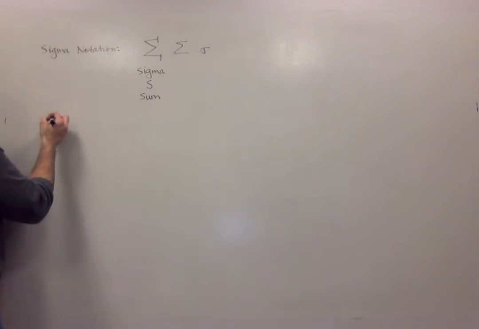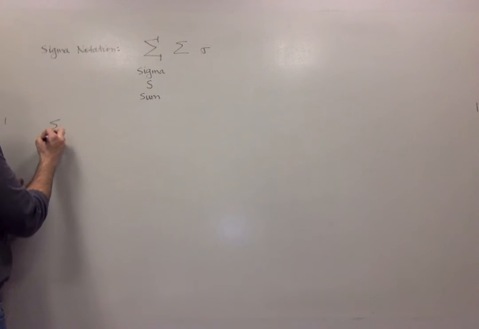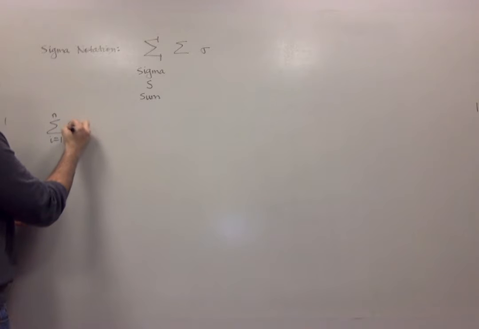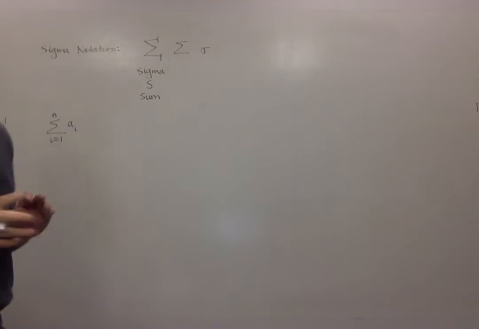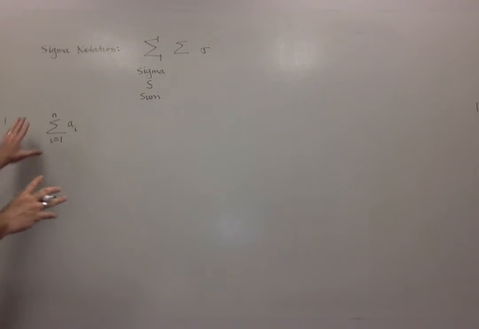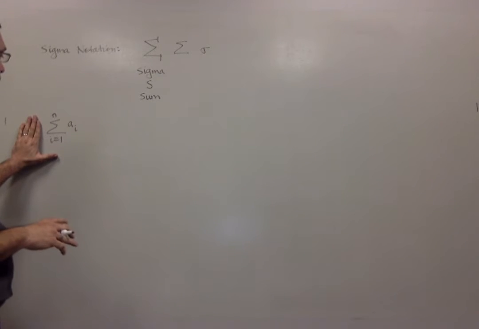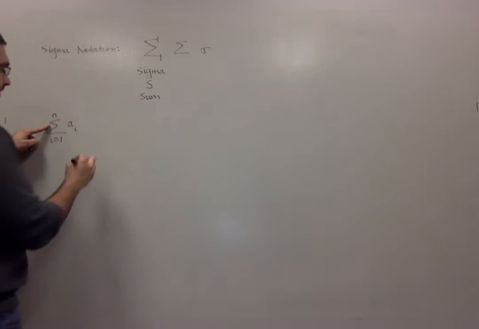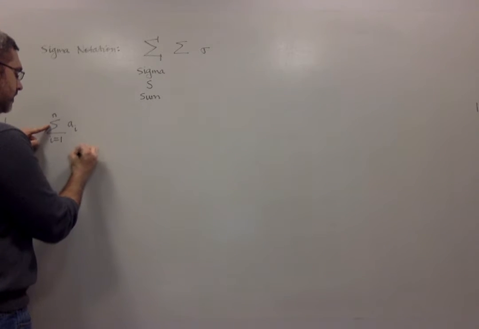And in general, the way you read a sum notation, okay, I'm going to do this in general, and then we'll do this in some very specific cases so that this makes sense. But the way that you read this is literally, the sum.